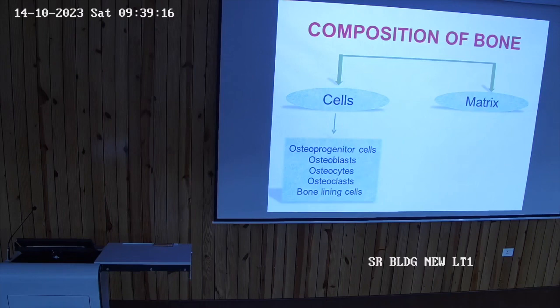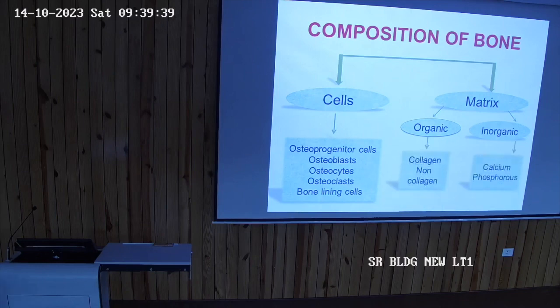Then we have osteoblast which lays down the bony matrix, osteocytes which maintain the bony matrix, and then we have osteoclast. What will be the function of osteoclast? Bone resorption. So basically osteocytes and osteoclasts are involved in the bone remodeling. Then organic content, collagens and the non-collagen content, and calcium, phosphorus and other inorganic contents are there. For example, calcium carbonate, sodium, magnesium, fluoride, all are present here in the bony minerals.